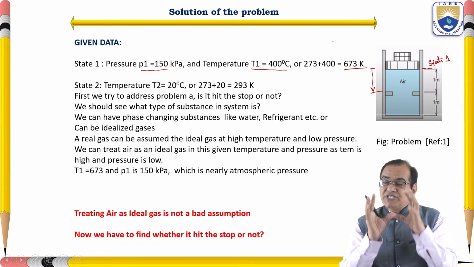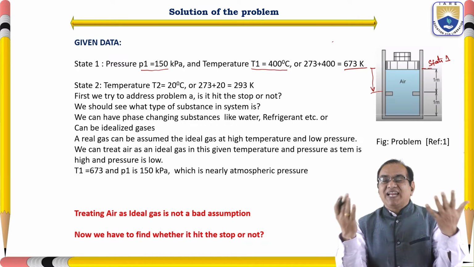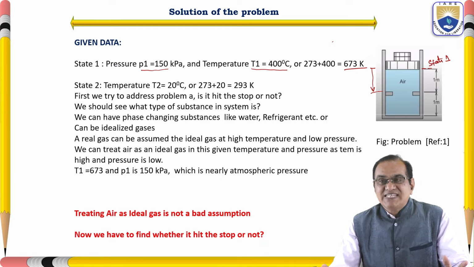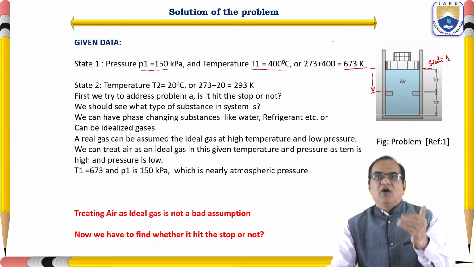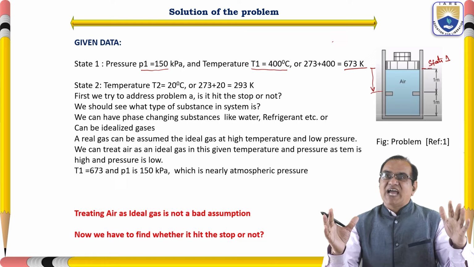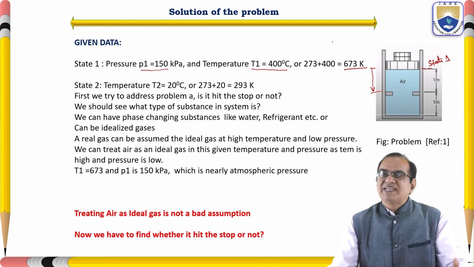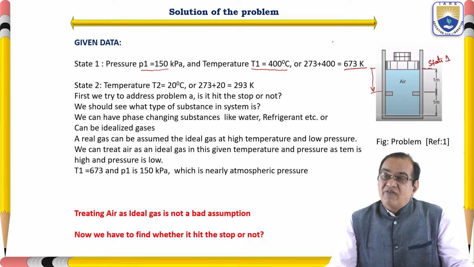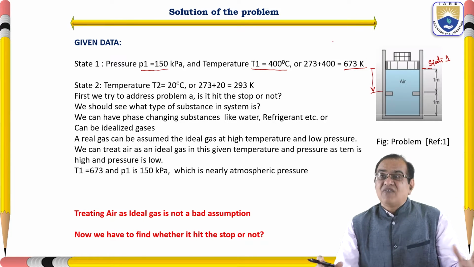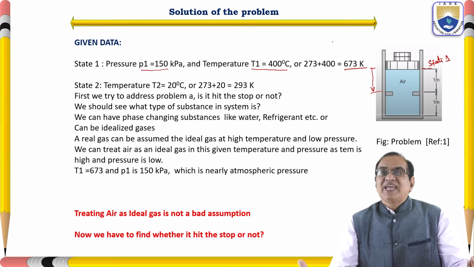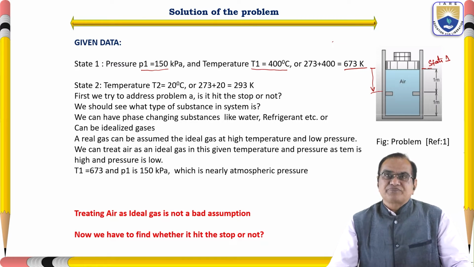So first we have to see whether we can follow the ideal gas equation or not. In this case it is air, at very low pressure, nearly 1.5 atmosphere, and the temperature is very high. So we can assume that it is an ideal gas. However, in the real sense, there is no ideal gas existing. But for our simplification, we can assume that this air is an ideal gas.